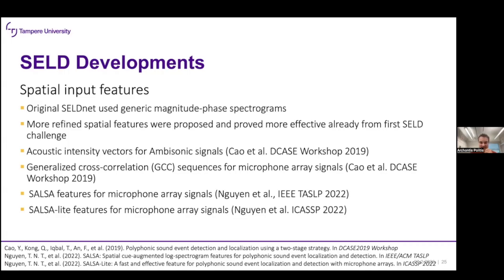And then later, Nguyen and her team proposed these SALSA features and these SALSA-Lite features, which are also inspired very strongly by classic sound source localization features. Essentially, the first is principal eigenvectors of the spatial covariance matrix of the microphone signals, and the second is a much faster version, which is kind of normalized inter-microphone phase differences.